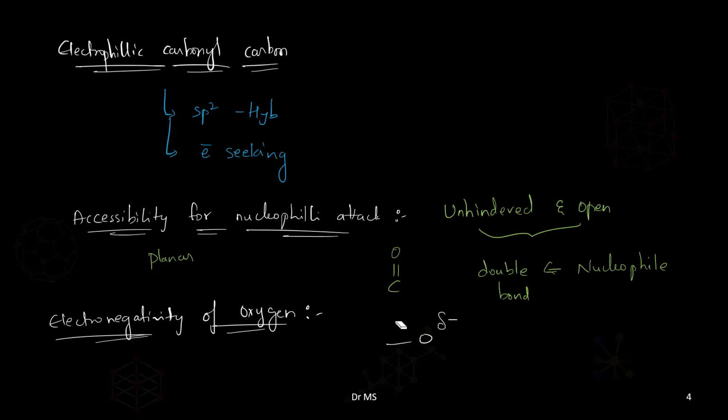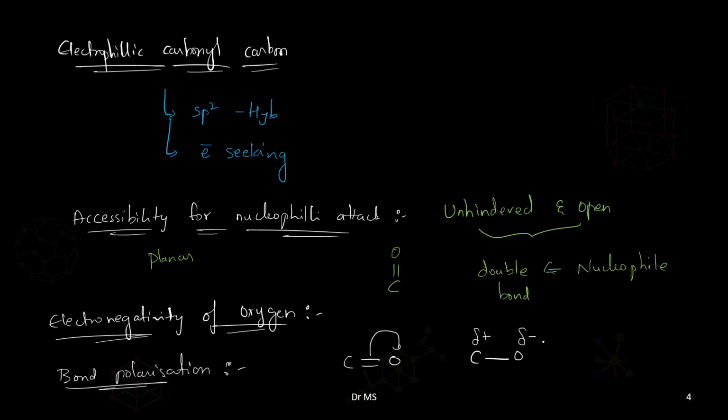Apart from that, the bond polarization. So what is bond polarization? Whatever the carbon and oxygen are there, they lead to polarization of the double bond present between them. That means one electron will shift to the oxygen, so the carbon will turn out to be partially positive and the oxygen will be partially negative.